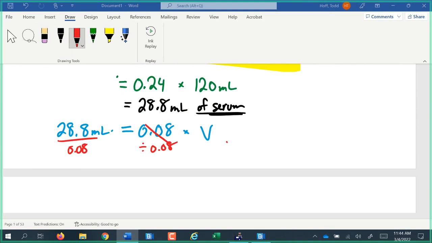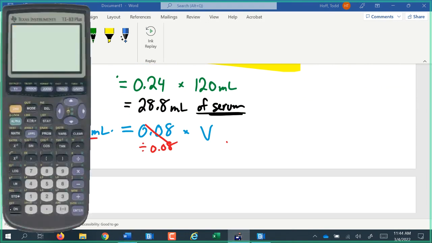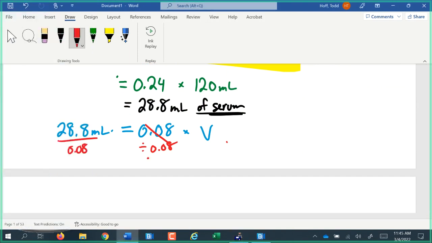So we take our 28.8 divided by 0.08 should give us, I believe, 360. There it is. 360 milliliters is our new total volume.